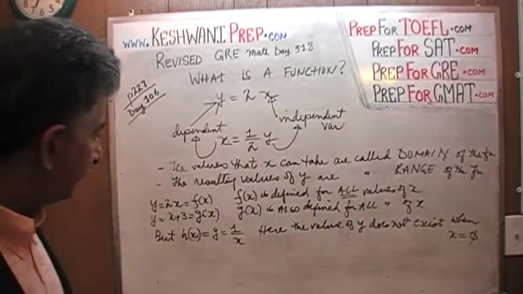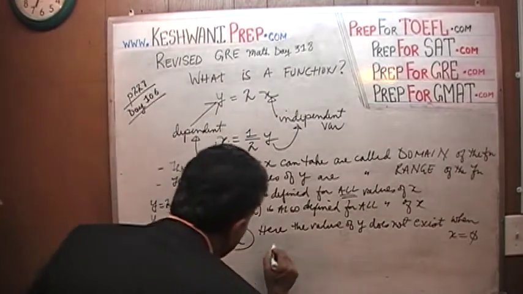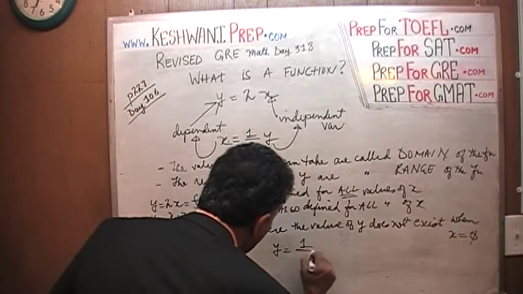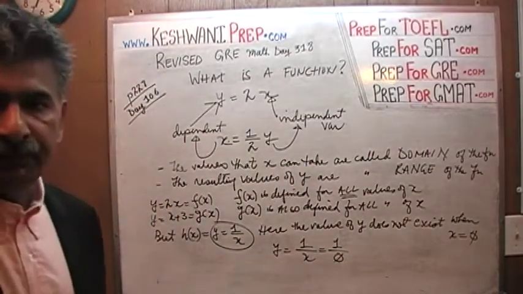Why is that? Let's find out, shall we? In this relationship, when y equals 1 over x, if x happens to be 0, what do you suppose is going to happen?